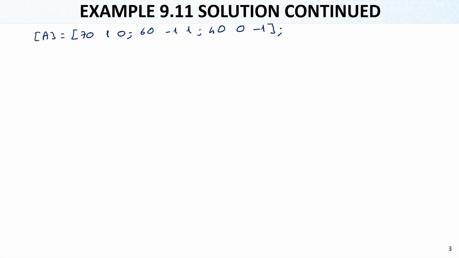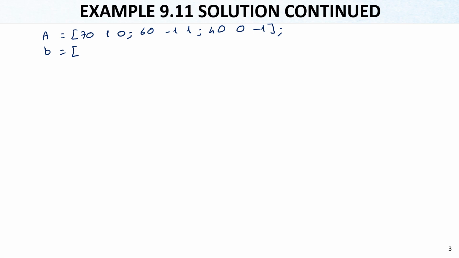Also, we need the B matrix. While writing it, we define parameters like B and A, and B will be a column-wise matrix.